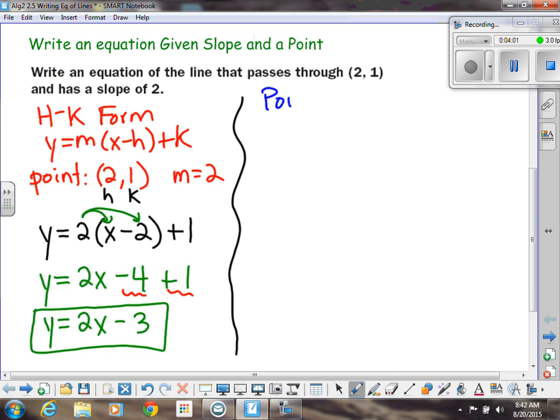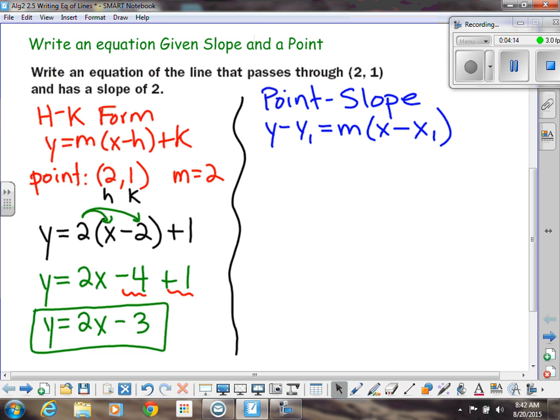So point-slope form, that's the one above that looks like this: y minus y1 equals m(x minus x1). Now your point that they gave you, the point (2, 1), instead of that being h and k, that's going to be x1, y1. Okay, kind of like when you do your slope formula. And then our m is still 2.